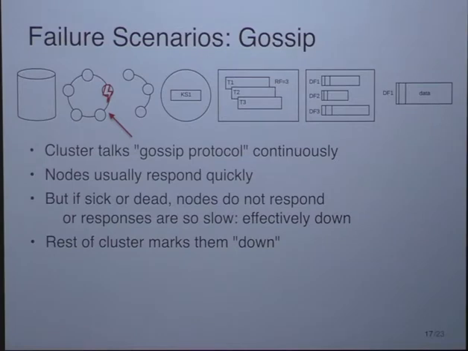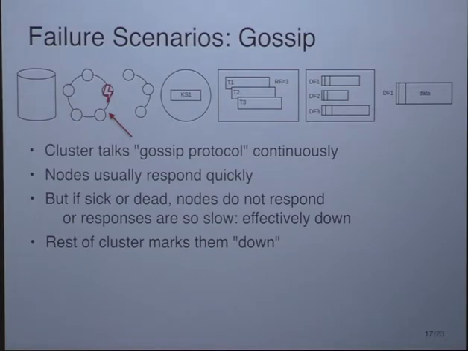The way that Cassandra detects dead nodes is it's running this protocol called gossip. Every node is saying to every other node, hey, I was able to talk to node A, it's up. Node B, I haven't got a response back from node B in a while. And it's this token that goes around all of those nodes.